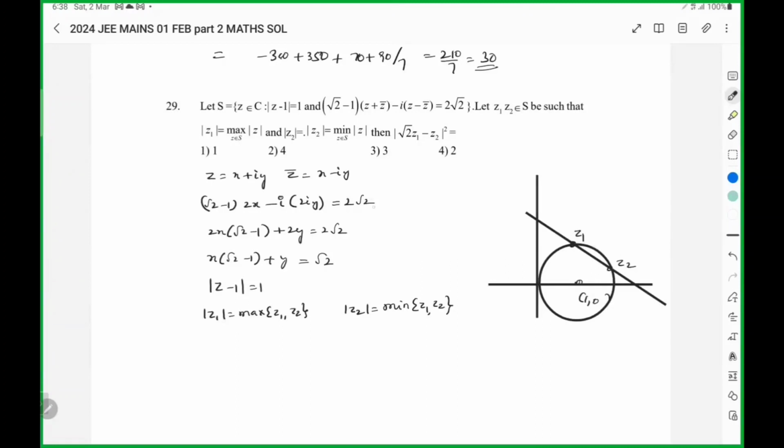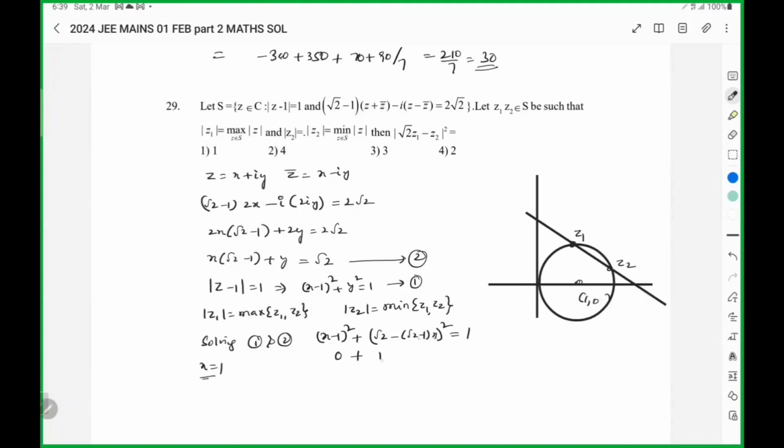So one is a circle. From here it is x minus 1 whole square plus y square is 1. So it has equations 1 and 2. Solving 1 and 2, we get x minus 1 whole square plus root 2 minus 1 of x whole square, which is 1. So by observation I can say x equal to 1 satisfies that.